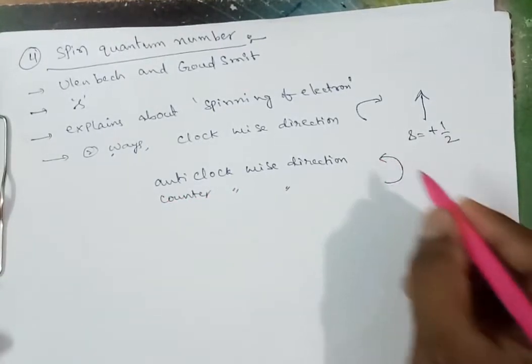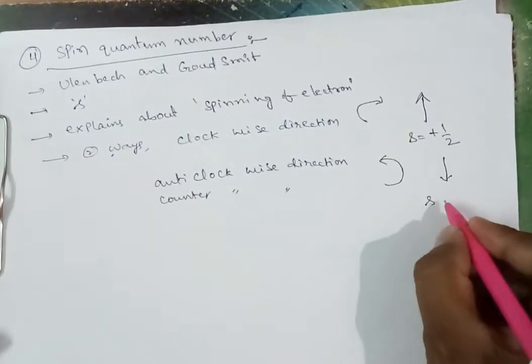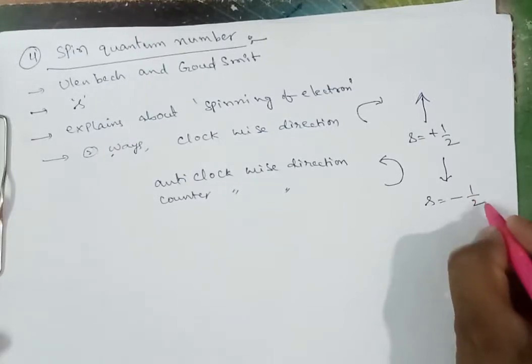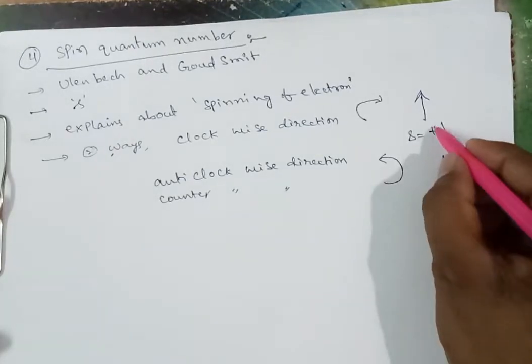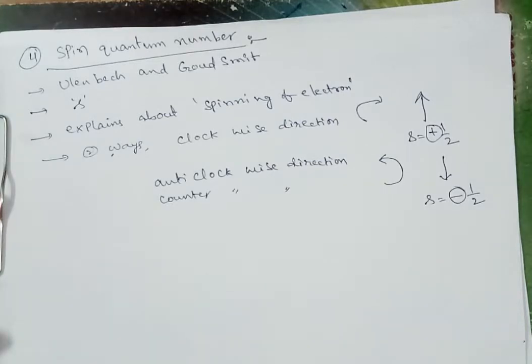To represent that, we write a downward arrow. Its spin value is minus half. Here, plus and minus are not mathematical quantities. They explain the rotation, the spinning of the electron. This is about the spin quantum number.